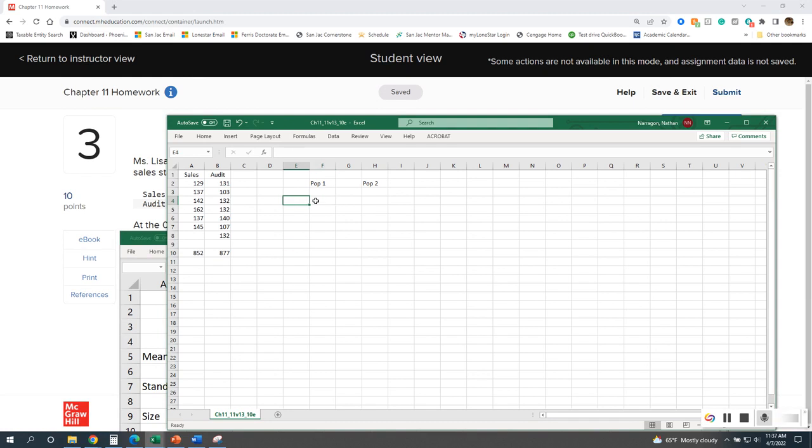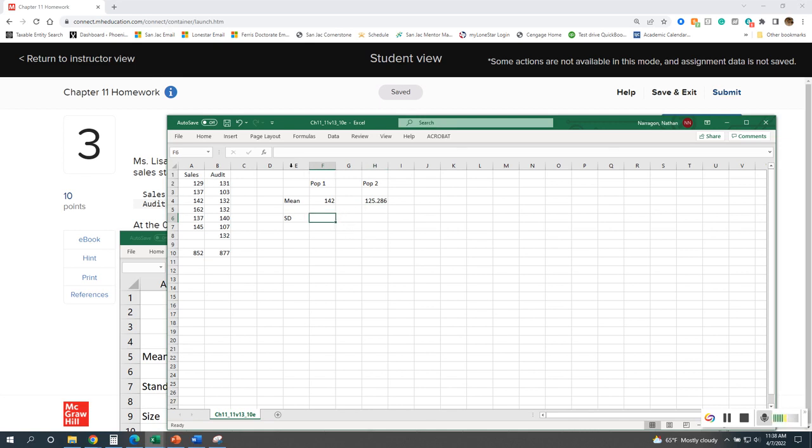So, mean and standard deviation. So, equal to that, divide by 6, 142. This is going to equal this, divided by 7. So we're at 125.286. Huh.